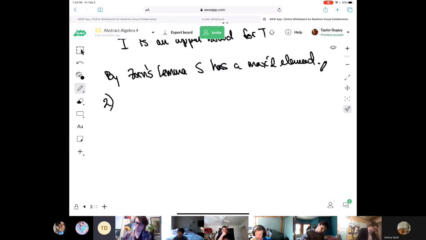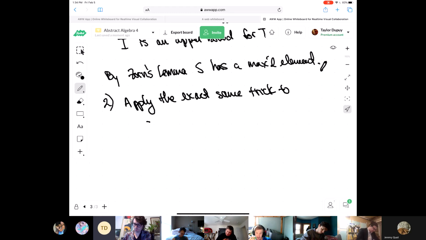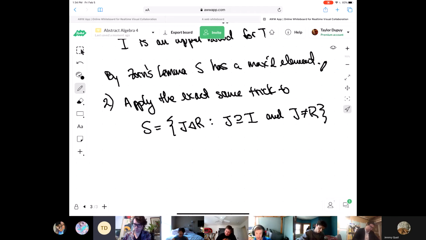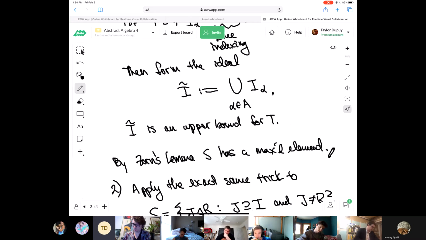So what you do is you just apply the exact same trick to the set S, which is the set of ideals in R that contain I, and J is not equal to R. So now you just do the exact same thing, but you impose this extra condition that J needs to contain our fixed ideal I. So what are we showing again?